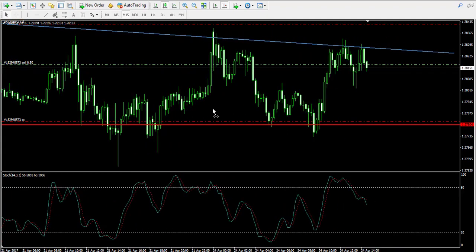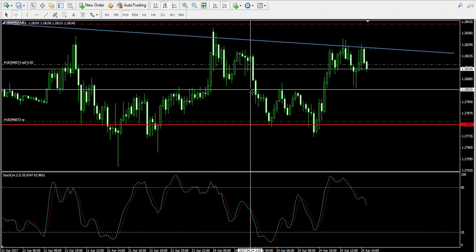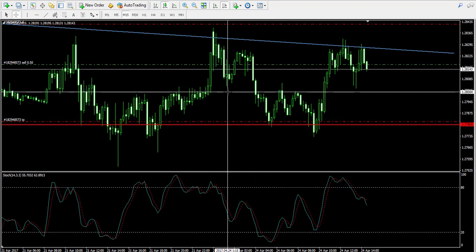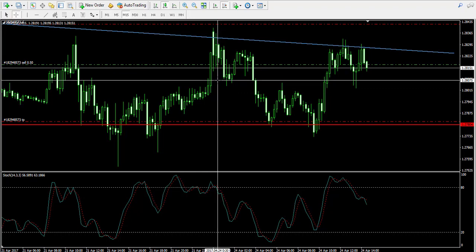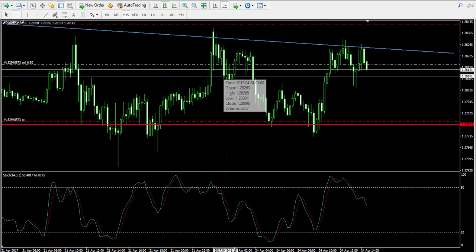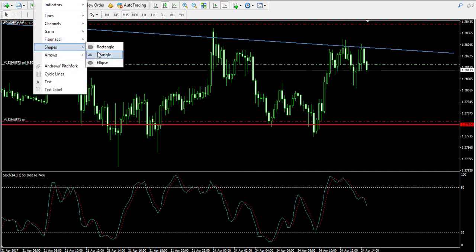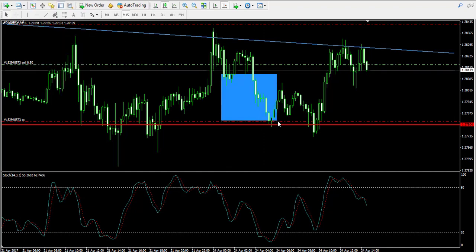I'm going to give you an example, because the bearish impulse here is pretty decent. The signal comes over here and you trade something like this size, which I'm going to mark with a rectangle for you now.